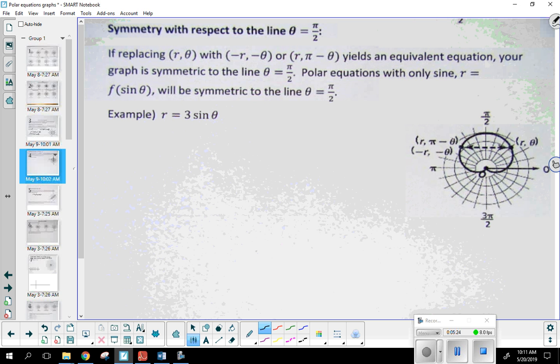So my equation here says r equals 3 sine of theta. So the opposite of the radius equals 3 times the sine of negative theta. What was the only other even trig function that we had? What was the reciprocal of cosine? It was secant.